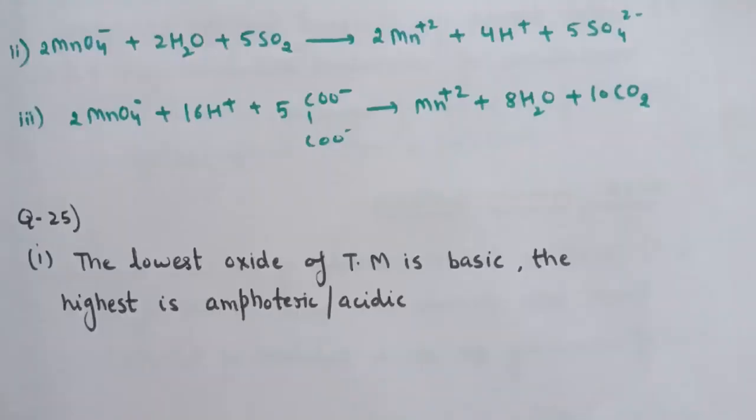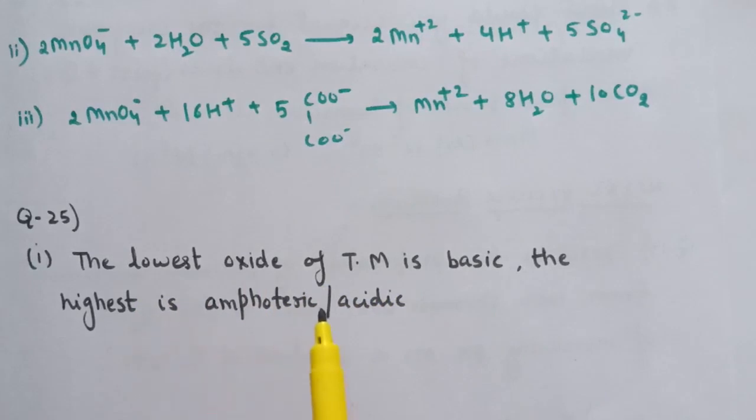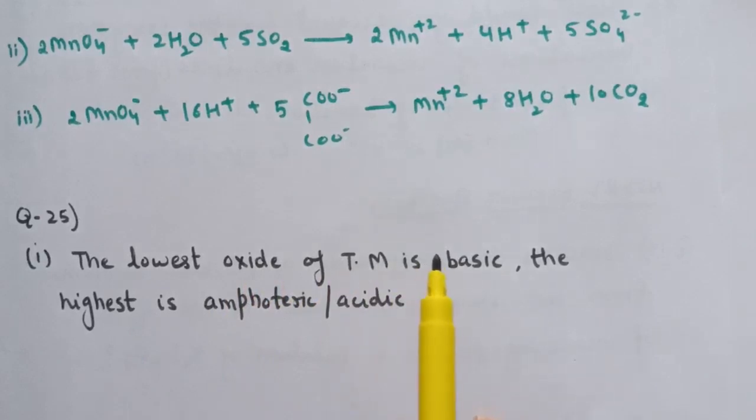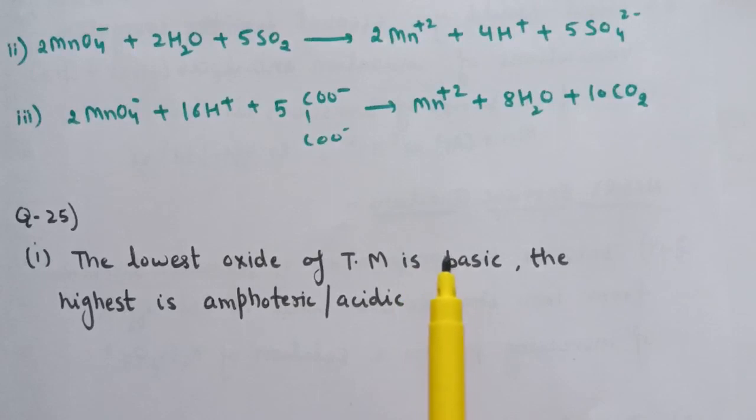Next question is question number 25, first part. Explain the following. The lowest oxide of a transition metal is basic. The highest is amphoteric or acidic. The answer is, the lowest oxide of a transition metal is basic because the metal atom has a low oxidation state. This means that it can donate valence electrons which are not involved in the bonding and act like a base.